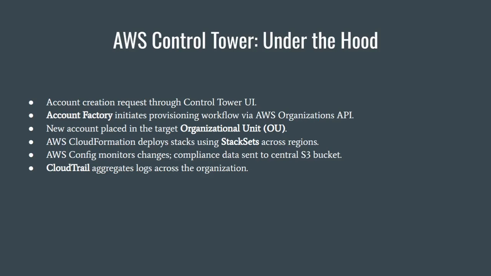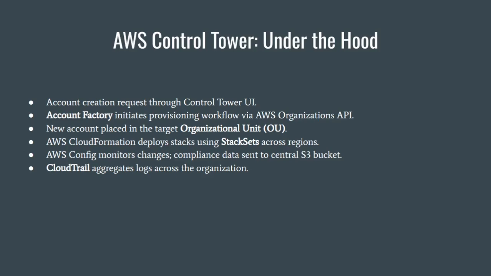Now let's look under the hood of how Control Tower works. The workflow starts when you register a new account creation request in the Control Tower UI. This request is passed on to the Account Factory, which then triggers the AWS Organizations API to create the account and place it into the target organizational unit (OU).